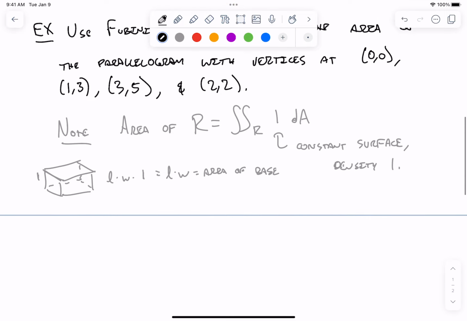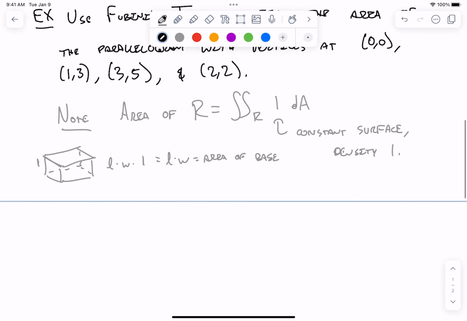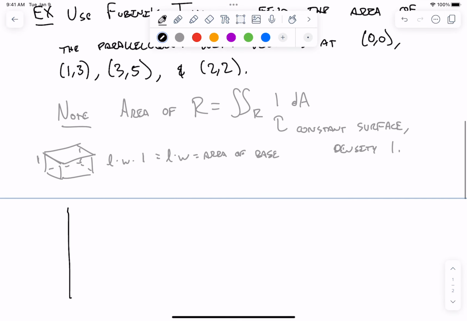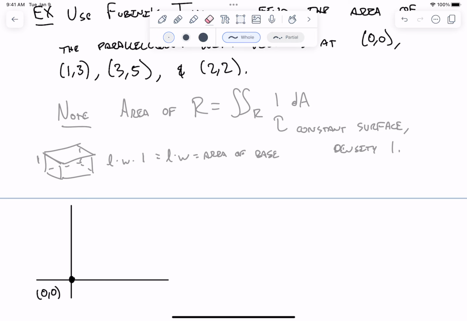So let's do this now. Let's look at this parallelogram. Let's see here, I have my vertices. I have 0, 0 as one of the points.